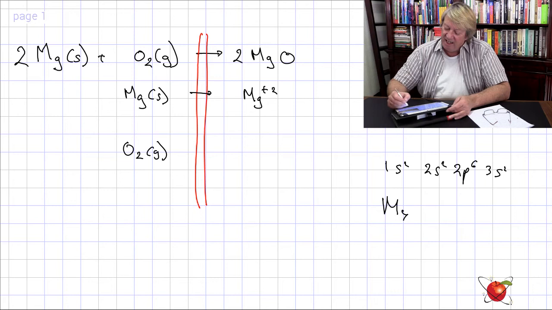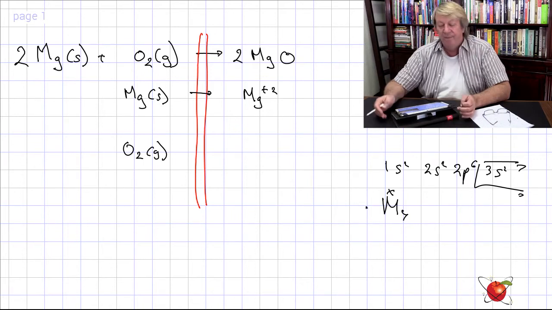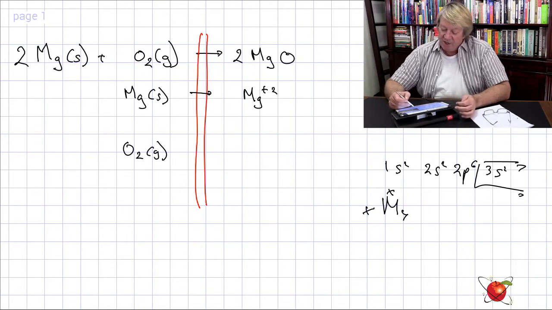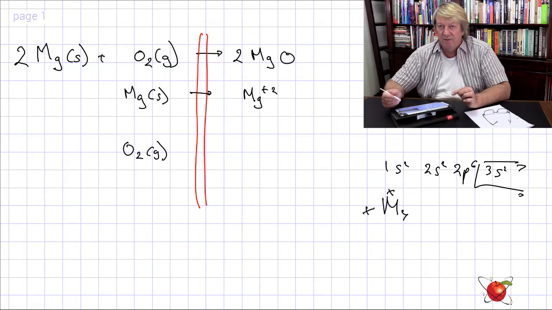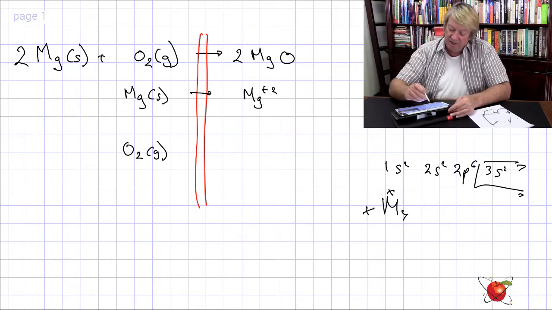So in the outer valency structure, remember we only draw the outer ones, we had these two here, correct? So those two are 2 electrons. In order to form the ion, those 2 electrons, what did we do?